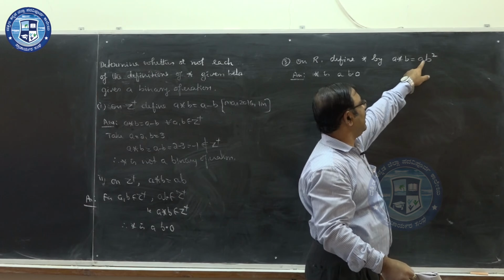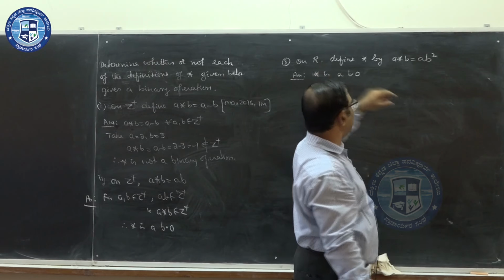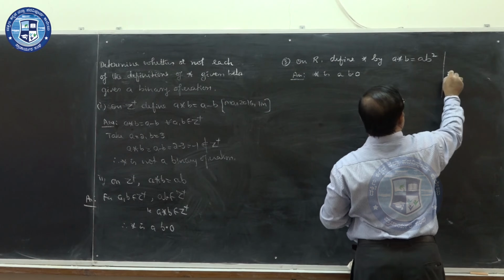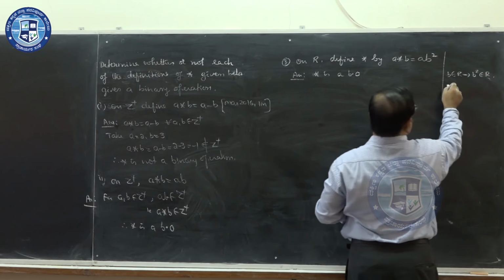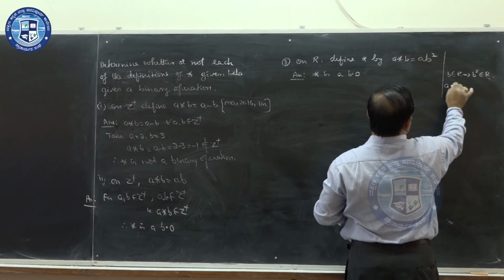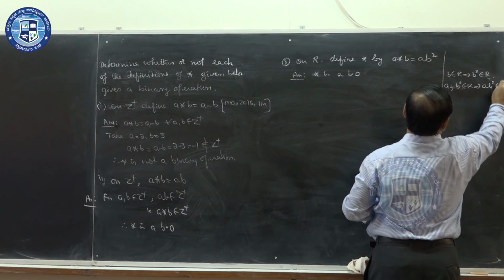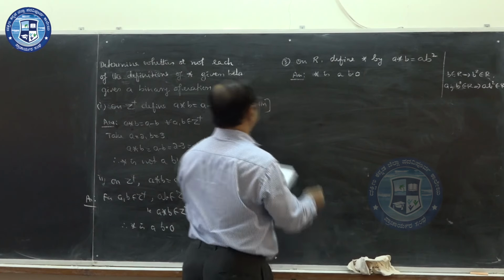For all A and B, AB square is a real number. B belongs to R implies B square belongs to R. A belongs to R, or A comma B square belongs to R, implies AB square belongs to R. Therefore, it is a binary operation.